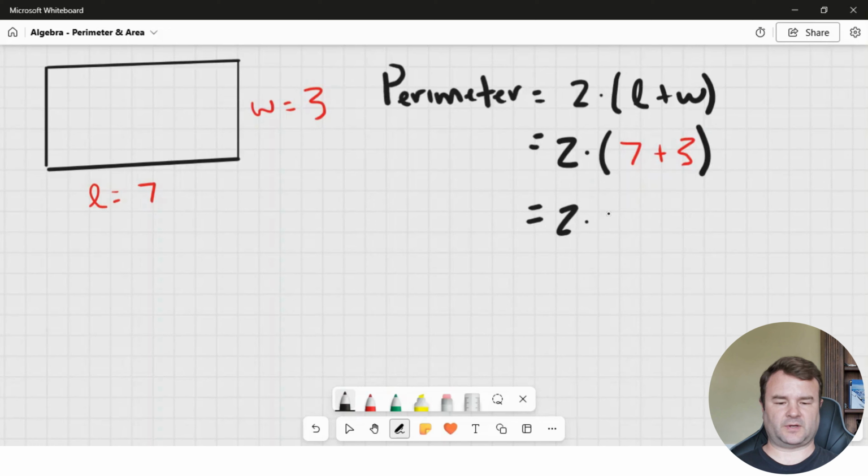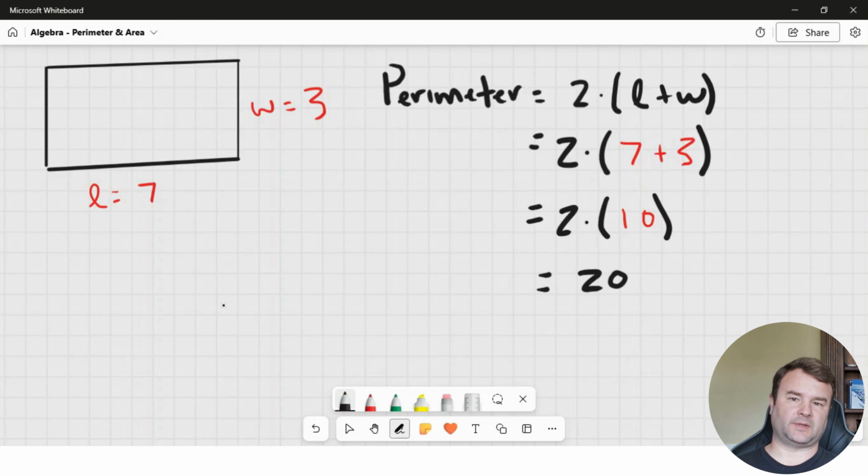Solving this further is 2 times, and then 7 plus 3 is 10. So our perimeter is simply 20. So the perimeter of this rectangle is simply 20 units around the outside. And that could be feet, meters, yards, inches, centimeters, whatever.